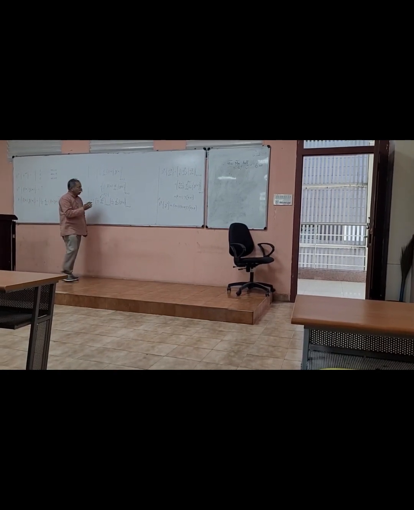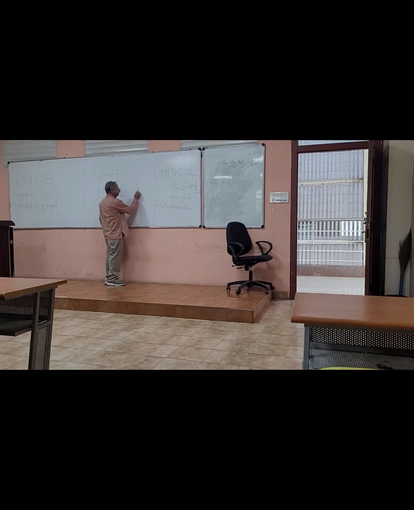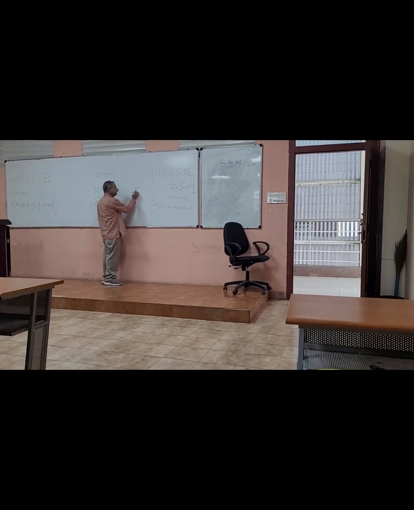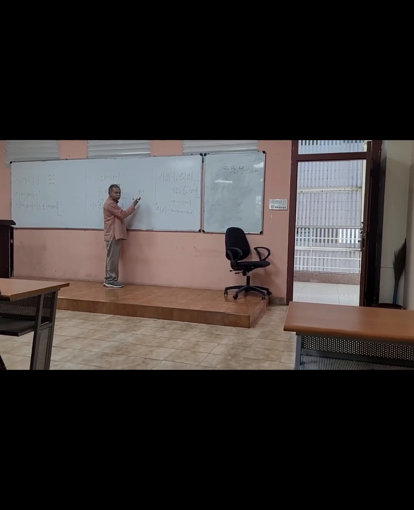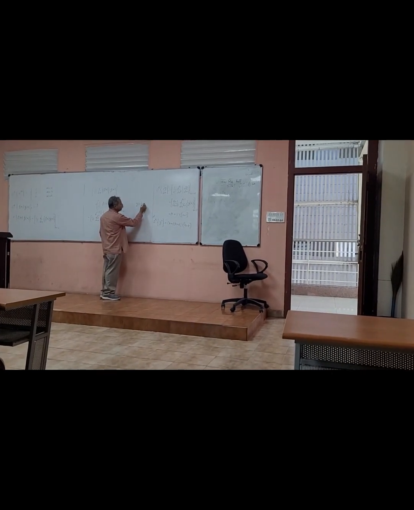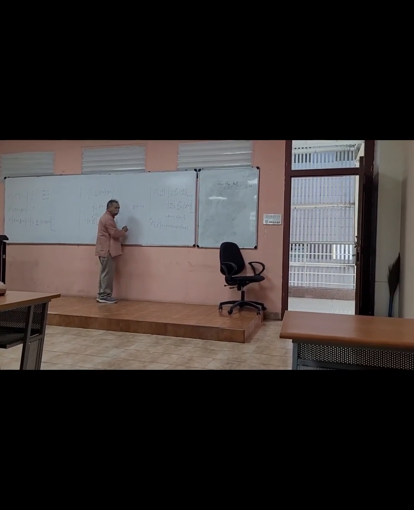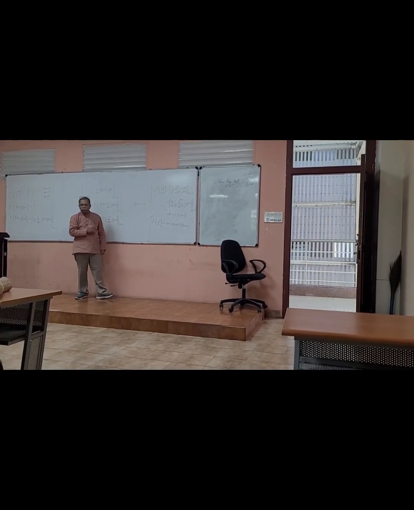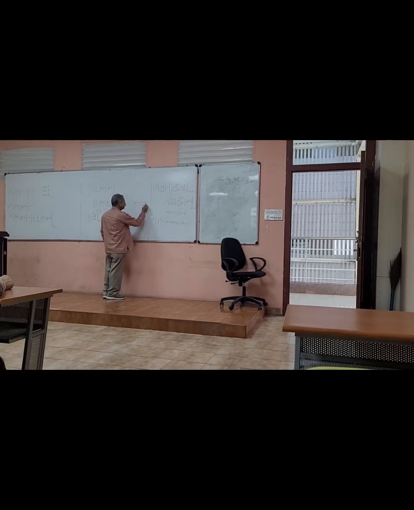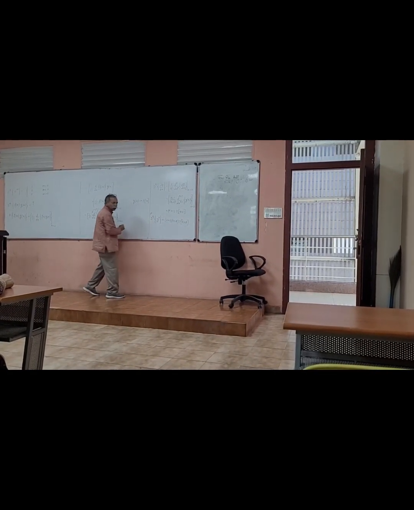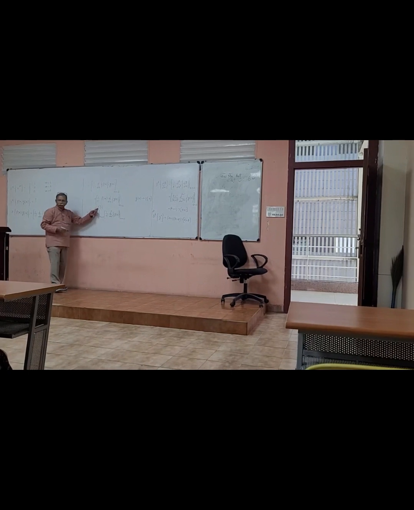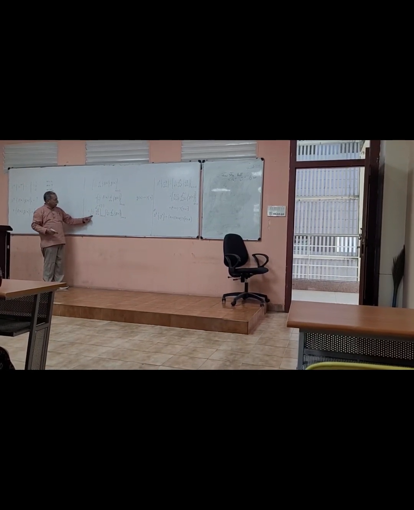When I transform, just recollect this. When I transform y of x, what is happening? Small y becomes capital Y. This x becomes k. That's exactly what I have done here. Okay, k equal to 1 here.